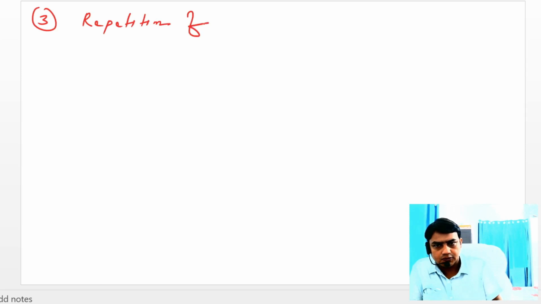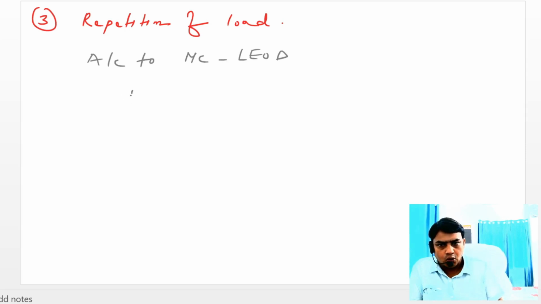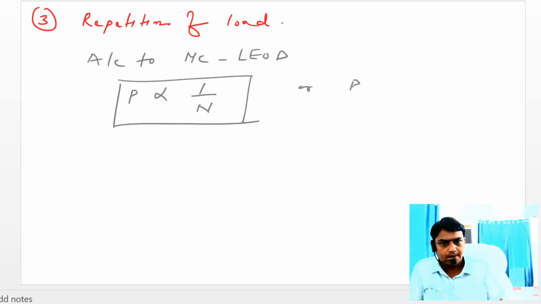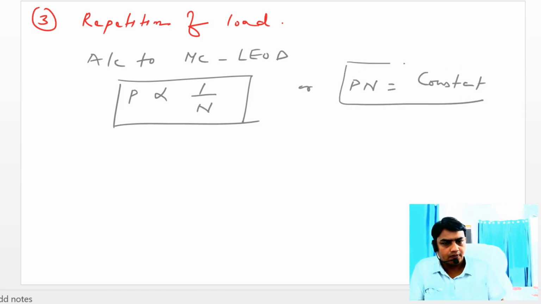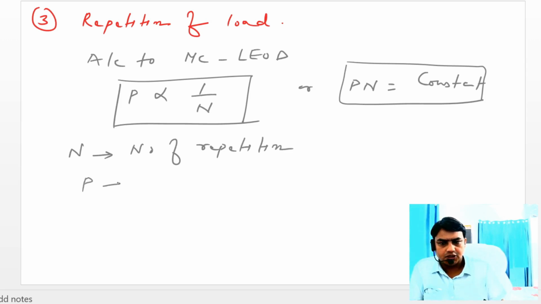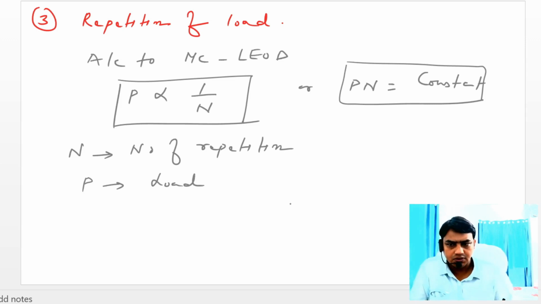According to MacLeod, load is inversely proportional to the number of repetition of the load, or we can say P n is equal to constant, where n is the number of repetition and P is the wheel load.